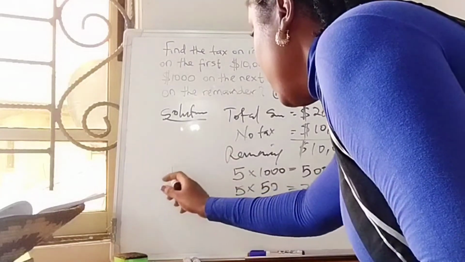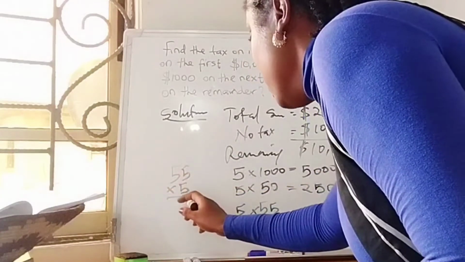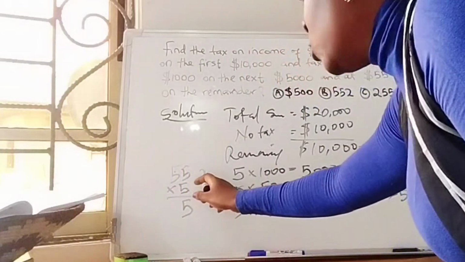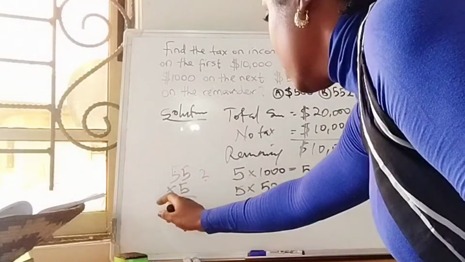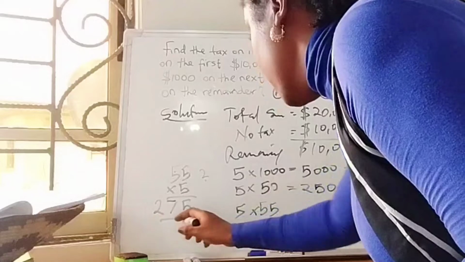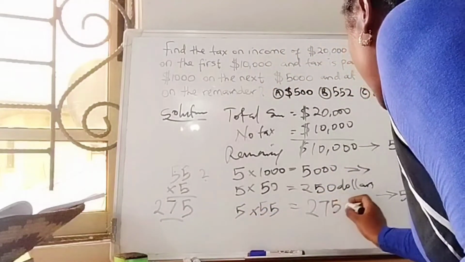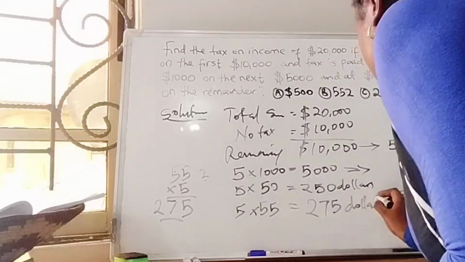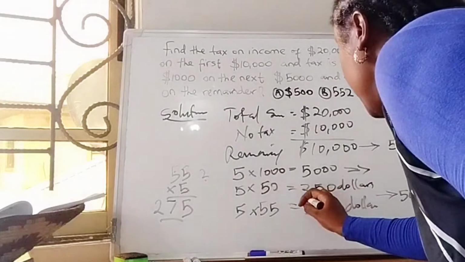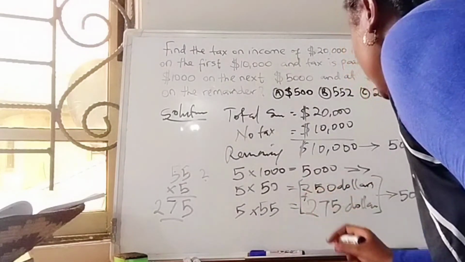So 55 times 5 is what? We say 55 times 5. 5 times 5 is 25, carry 2. 5 times 5, 25 plus 2 give us 27. So we have $275 of tax was paid for the remaining part. So how do we get the total tax paid? We're going to add up these two, right?